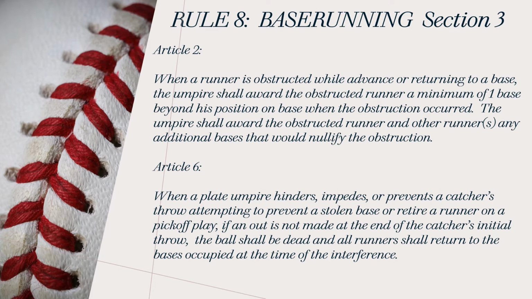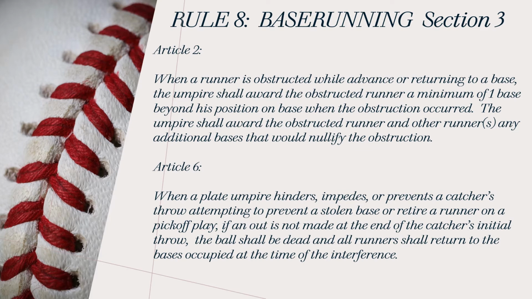So if we rule obstruction, the base award is a minimum of one base beyond where they legally were when the obstruction occurred. A very common situation is a batted ball where the runner rounding first base is obstructed by the first baseman. If he's obstructed by the first baseman, he is only protected to second base.